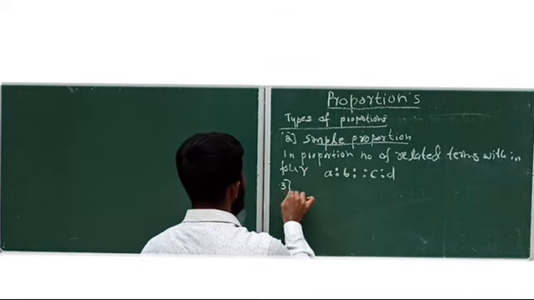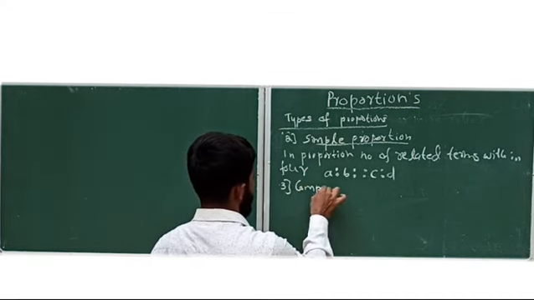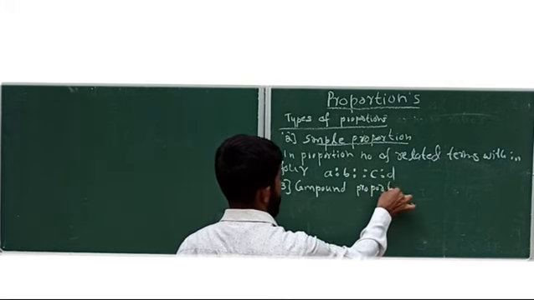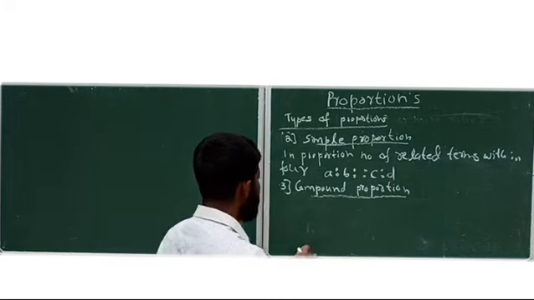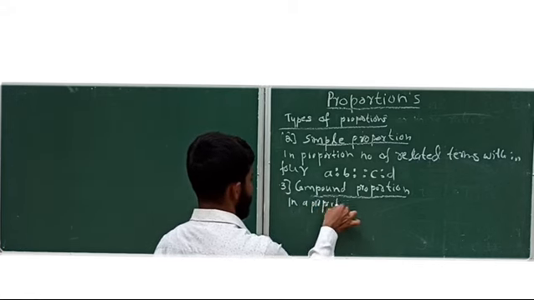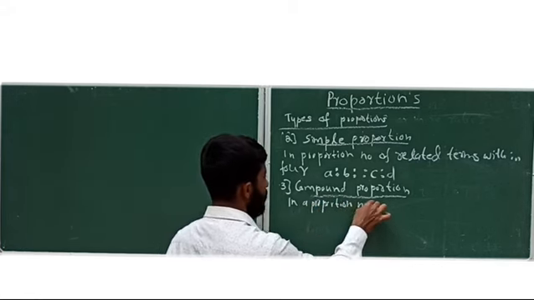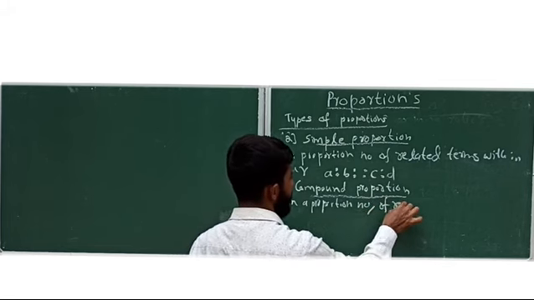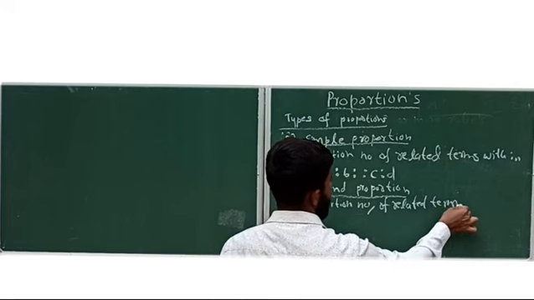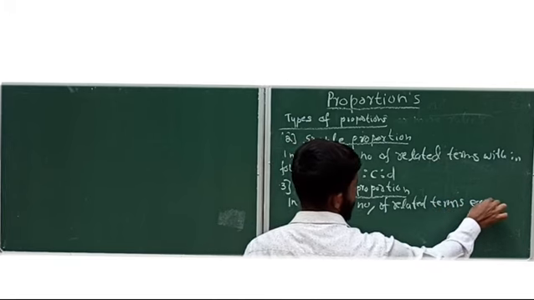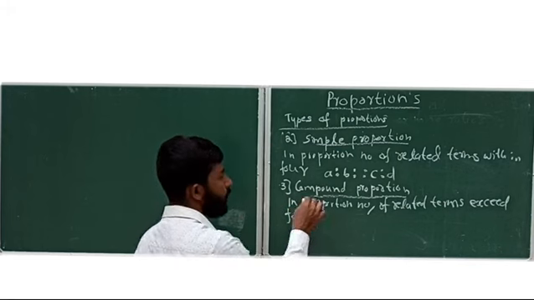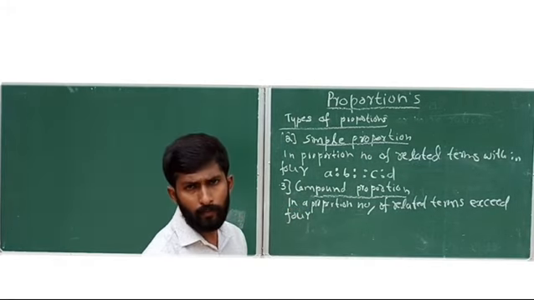Third one is compound proportion. In a proportion, if the number of related terms exceeds 4, we call it the compound proportion.